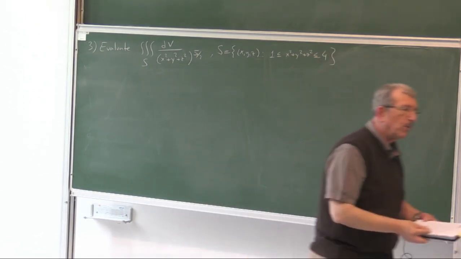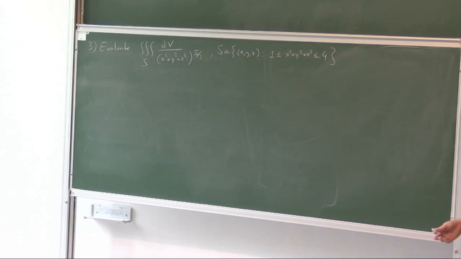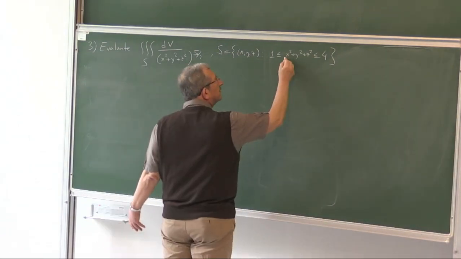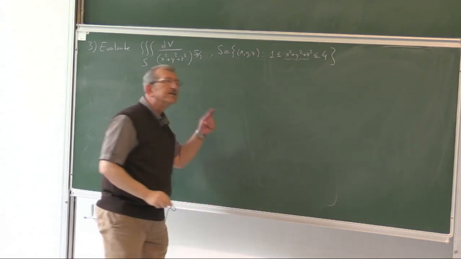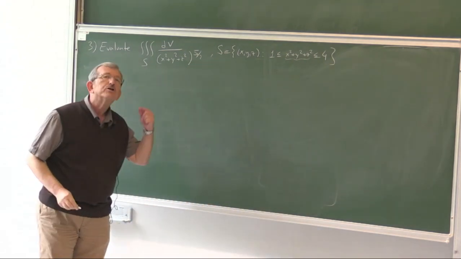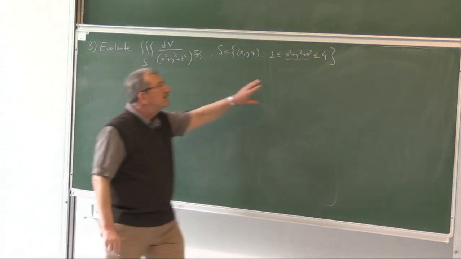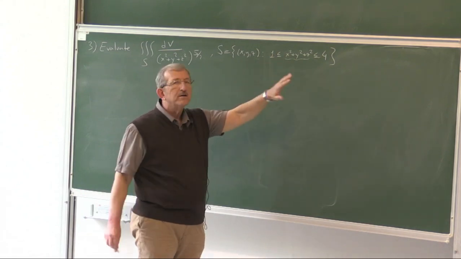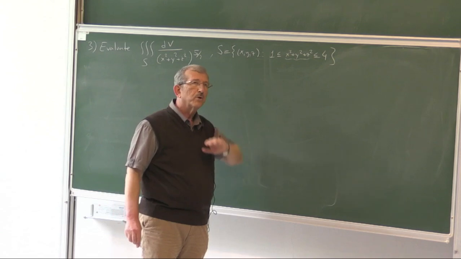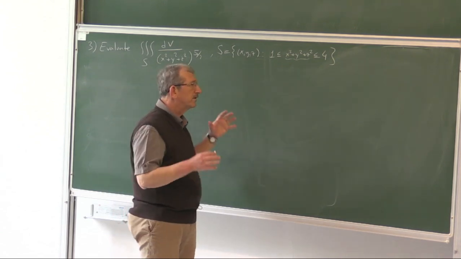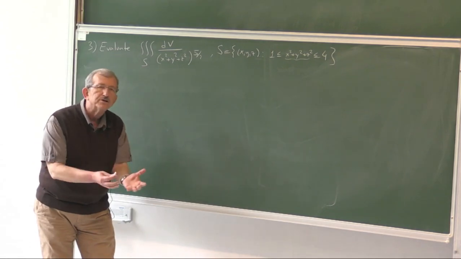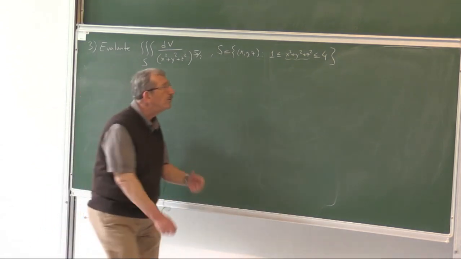Okay. Now, what does this mean? Clearly this is the distance from the origin squared. The distance from the origin squared is between 1 and 2, and so this is the part between the two spheres of radius 1 and 2.